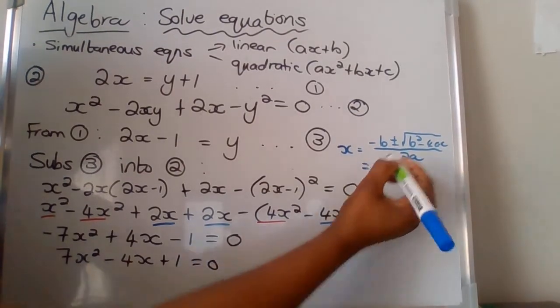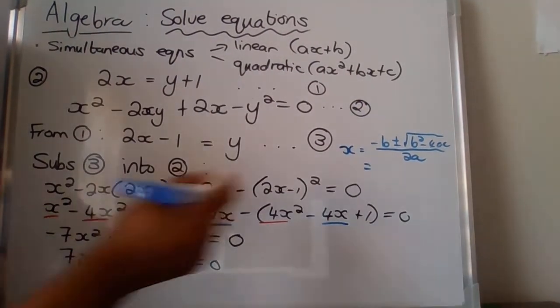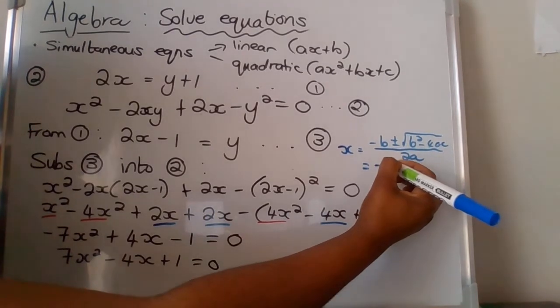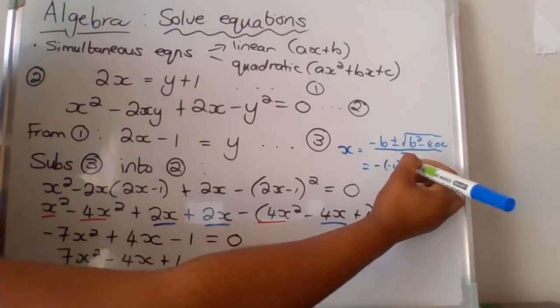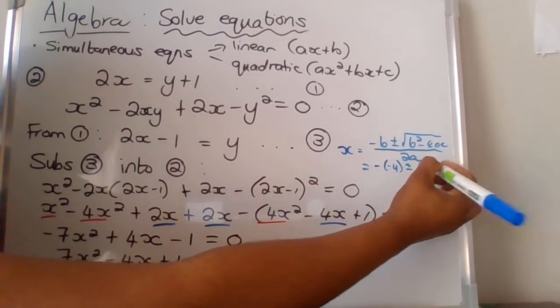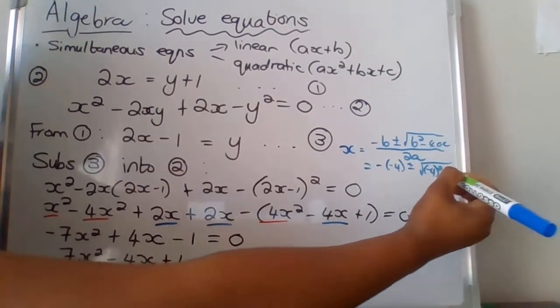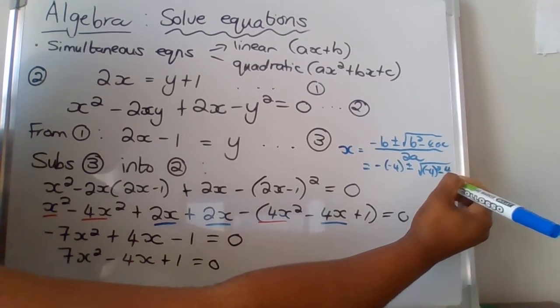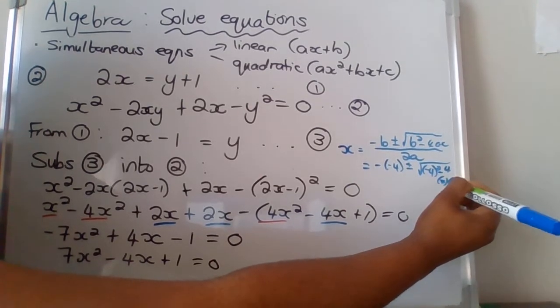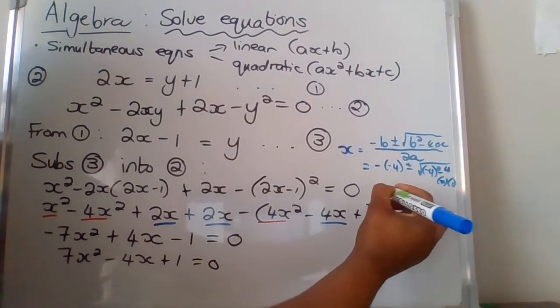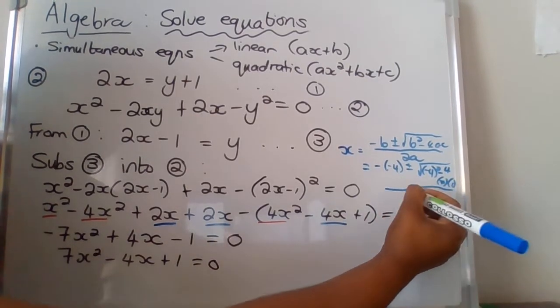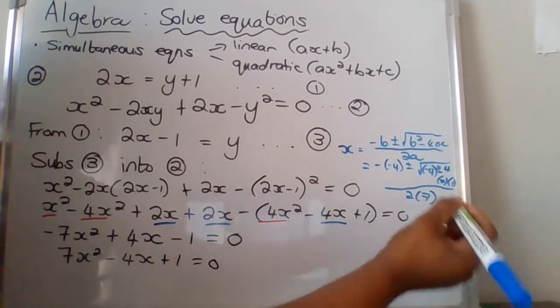So for this example, my b is minus 4. So it's minus 4 plus or minus, minus 4 squared minus 4 times 7 times 1, all over 2 times 7.